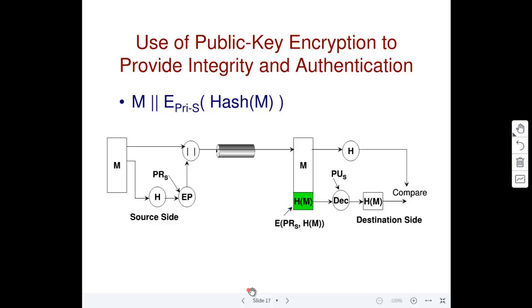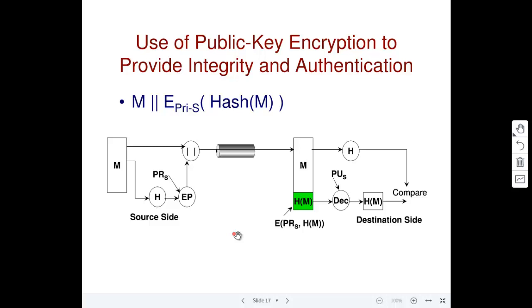So if you send the message along with its hash value as part of your transmission, the receiver could recompute the hash value of the message it gets. If the hash value computed by the receiver is the same as the hash value that comes along with the message, then it implies that the message came without any change.